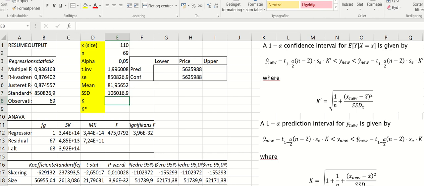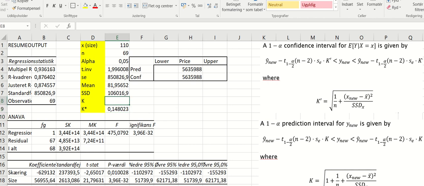Here's our SAK. Now we should be able to make the k star here, which is the square root of 1 divided by the number of observations, 69, plus our x value minus our average x, and we're going to square that one, and we're going to divide this by the SSD, which is here, and we get a value of 0.14.